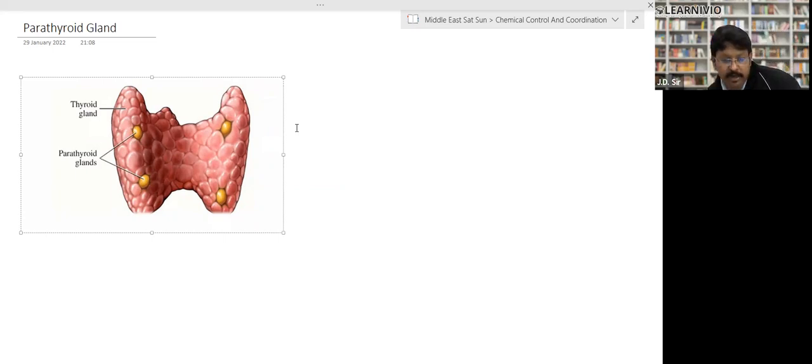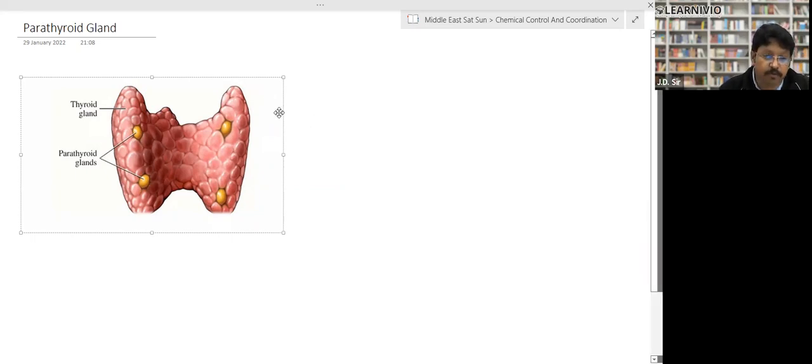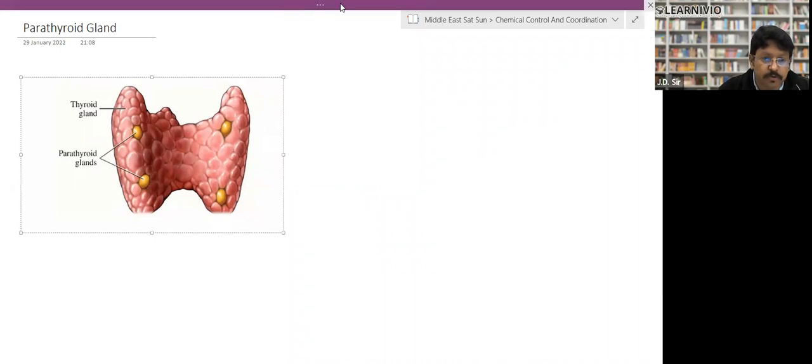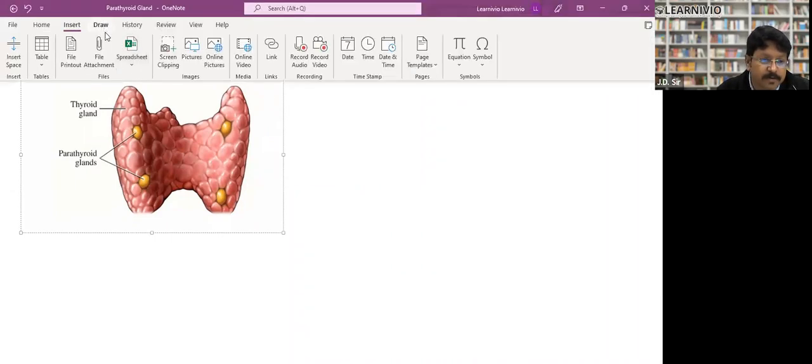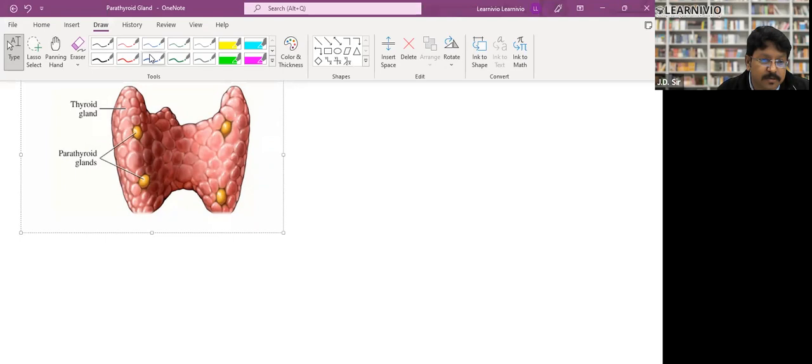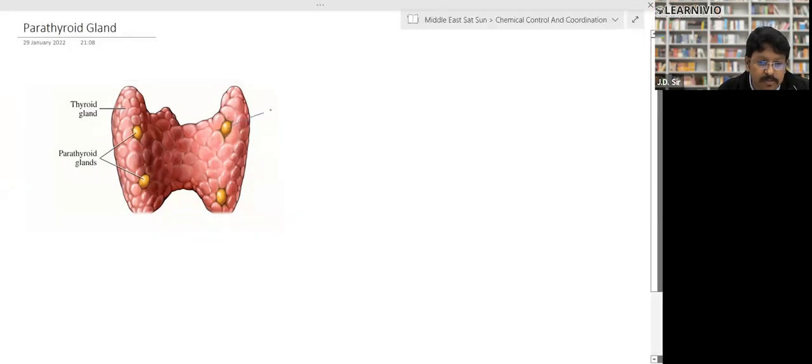The parathyroid glands are made up of two kinds of cells. The first kind of cells are called oxyphil cells.